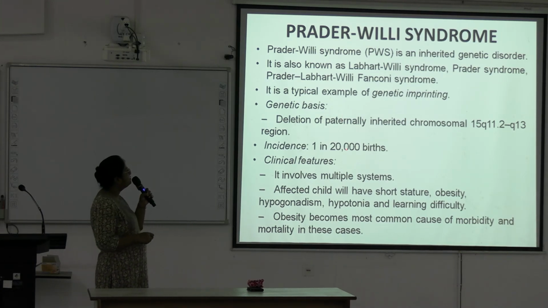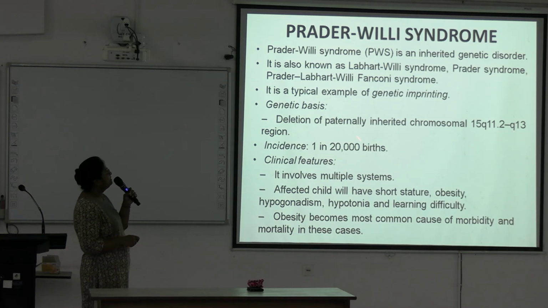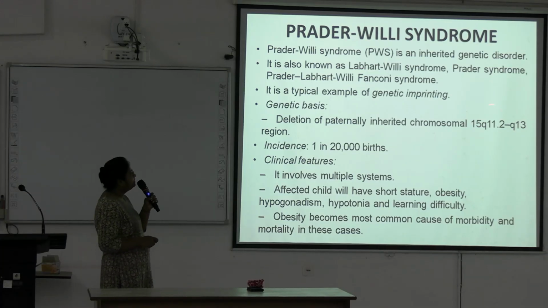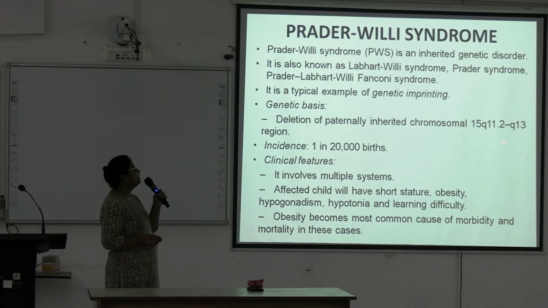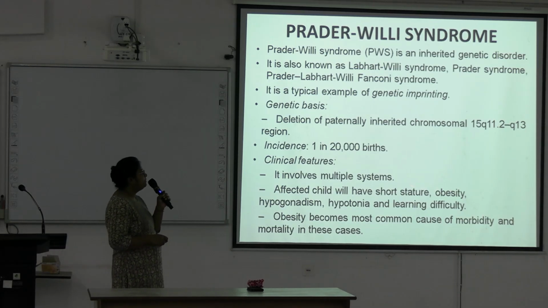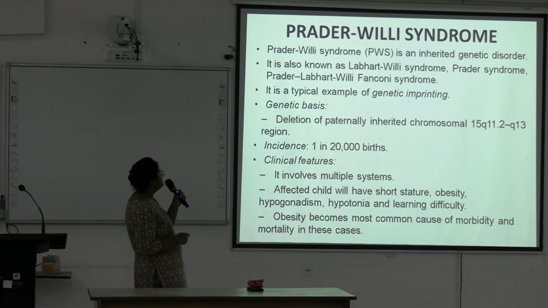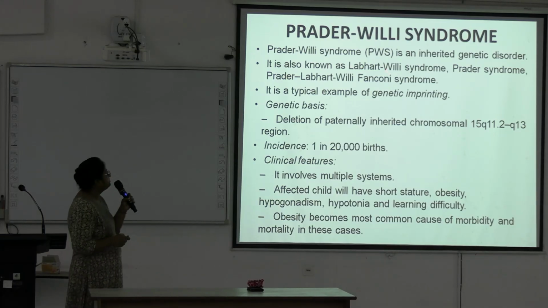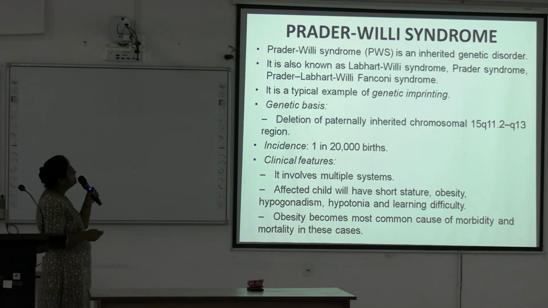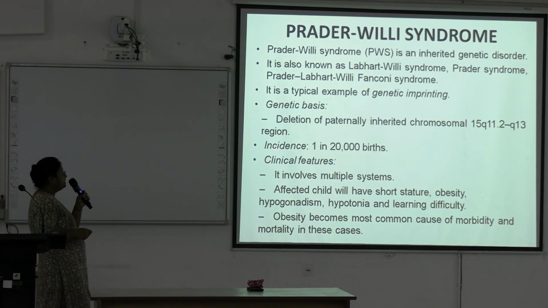These are the genetic basis. There is deletion of paternally inherited chromosomal region 15q11.2 to q13. Okay, so this region over the long arm of chromosome 15 is deleted. That's why this is the region of Prader-Willi syndrome.